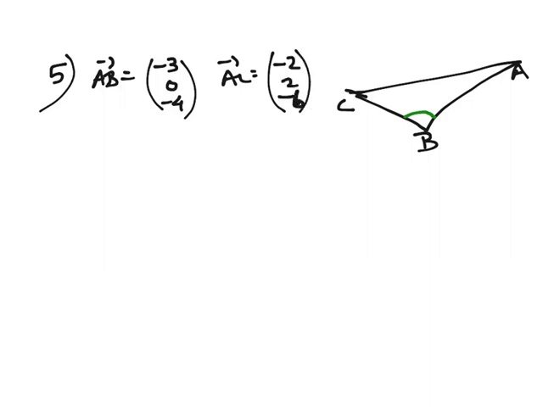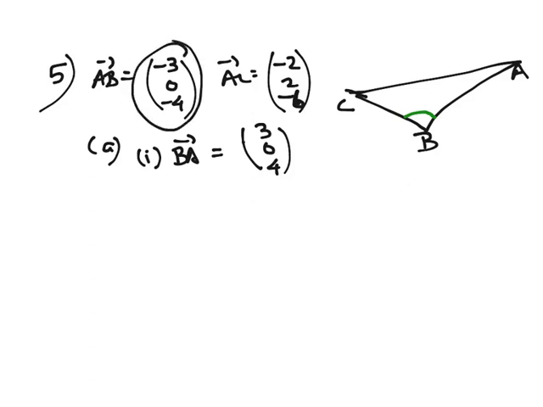Fine. The first subdivision is find BA. As I mentioned earlier, BA can be written as (3, 0, 4), isn't it? If AB is (minus 3, 0, minus 4), here BA is negative of that. Okay. Next question is find BC.